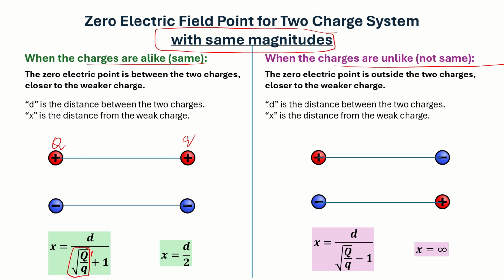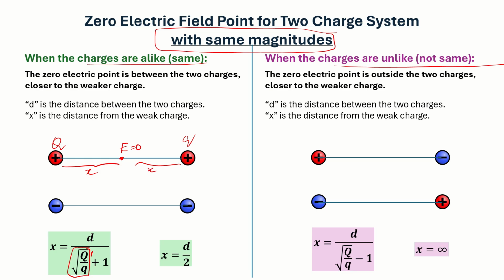So exactly the zero field point is present between the two charges when the charges are having the same magnitudes and when the charges are alike. Here x can be taken either from here to here or from here to here.